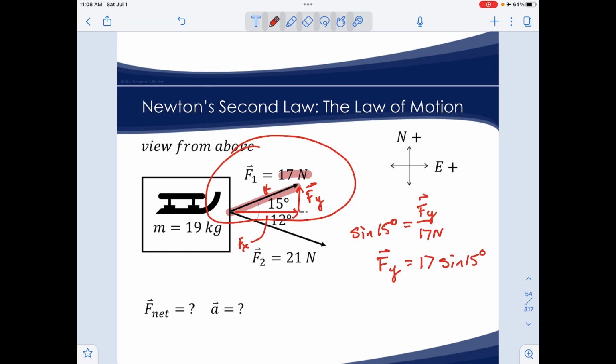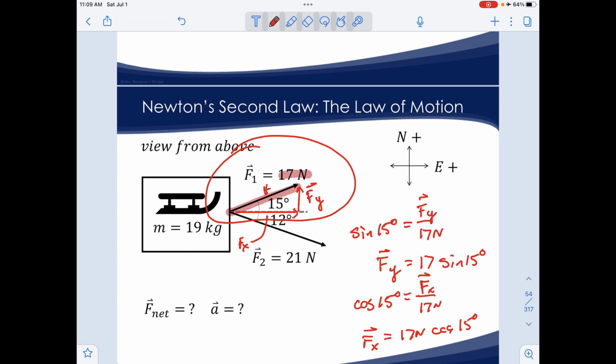And if we wanted to solve for F sub x, cosine of 15 degrees is going to be our adjacent over hypotenuse, which is 17 newtons. So F sub x is going to be 17 newtons cosine 15. So we can calculate all that.